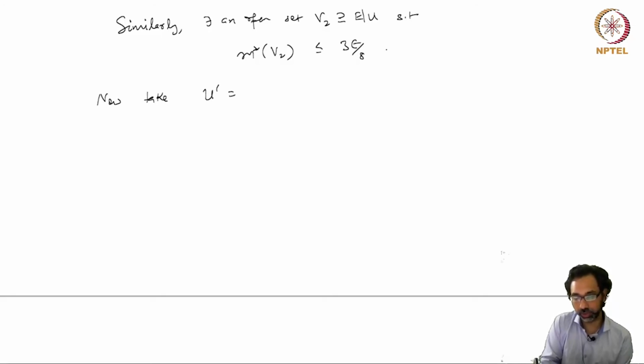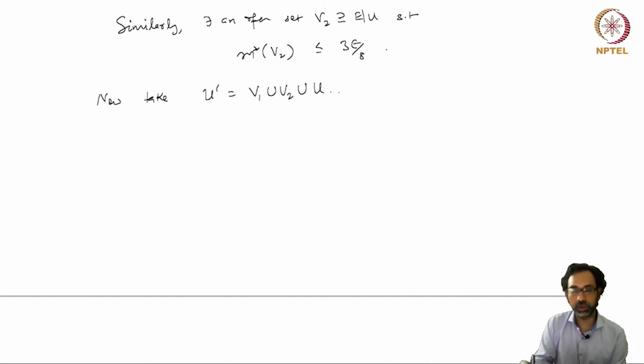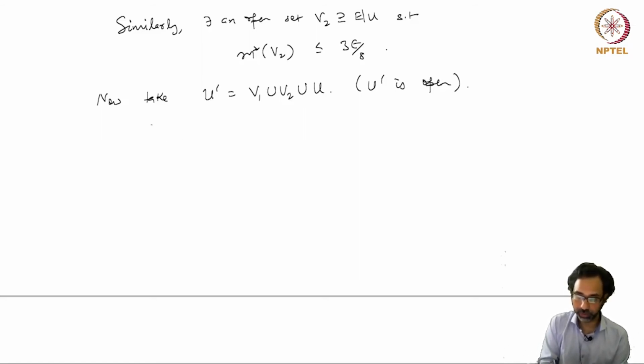Now take U prime to be the union V1 union V2 union U. It's a union of 3 open sets, so U prime is open, and U prime contains E as well.